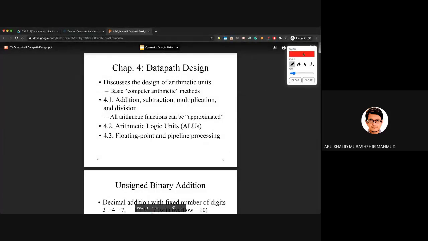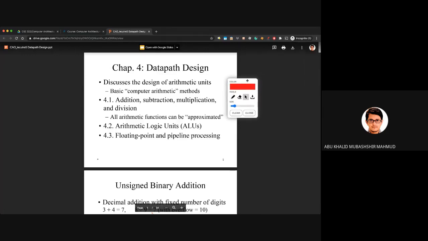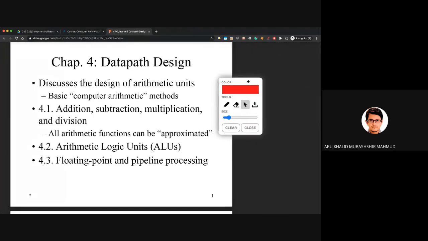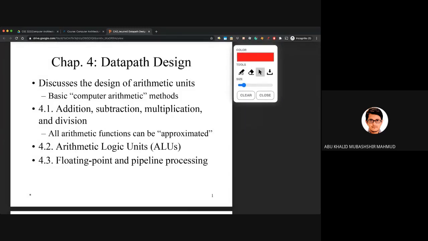For example, right here we have how we design the arithmetic units to perform addition, subtraction, multiplication and division. We are already familiar with addition and subtraction. We will actually focus on the multiplication and division portion of these arithmetic operations.